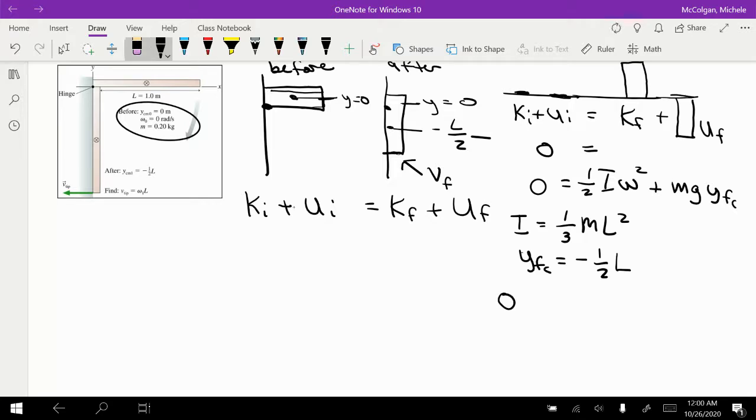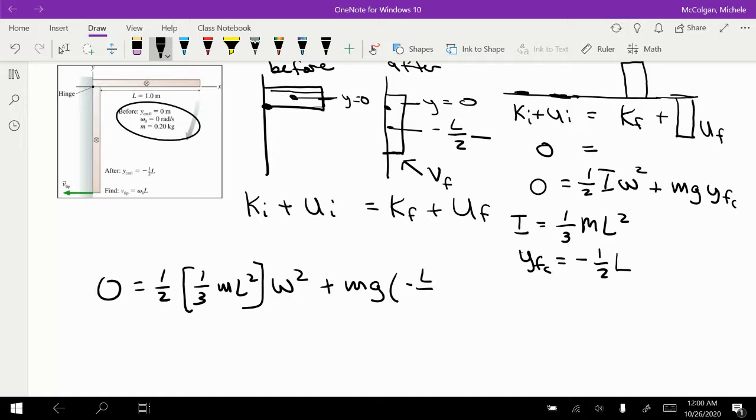So if we plug these in, we're going to have 0 is equal to 1/2 times 1/3 mL squared times omega squared plus mg times negative L over 2. So 0 is equal to 1/6 mL squared omega squared minus 1/2 mgL.